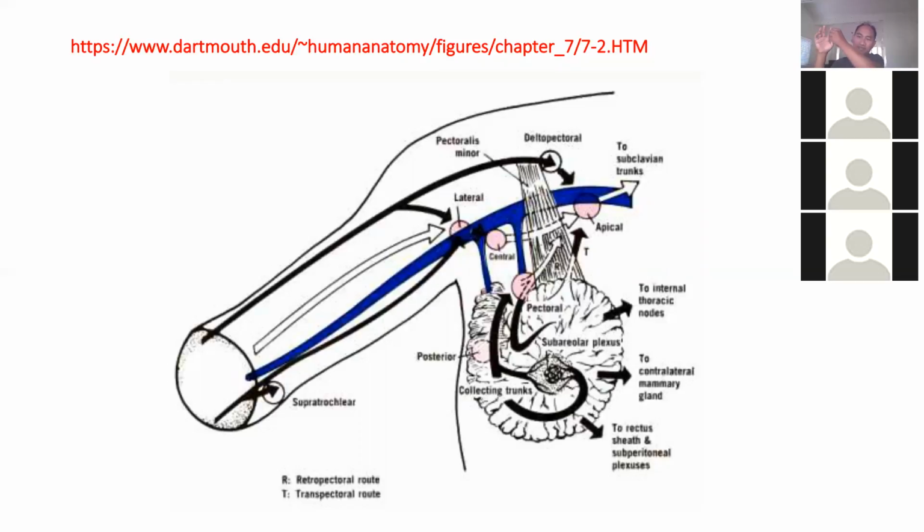It might be an infection in our finger, and that infection will drain along the lymphatics into the axillary lymph node. Or somebody might have breast cancer, and the breast lymphatics will go into the axillary node and present with axillary lymph node enlargement.